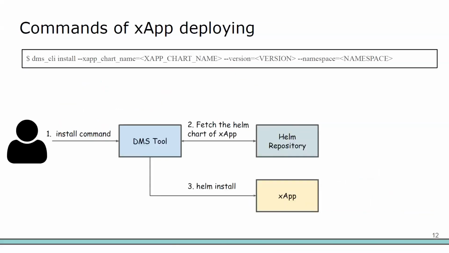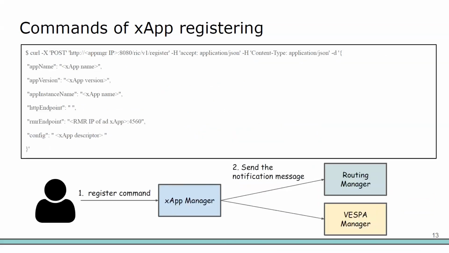Next is the xApp deployment command. You can use this command to deploy your xApp. The DMS tool receives the command, fetches the Helm chart of the xApp, and does the Helm install.